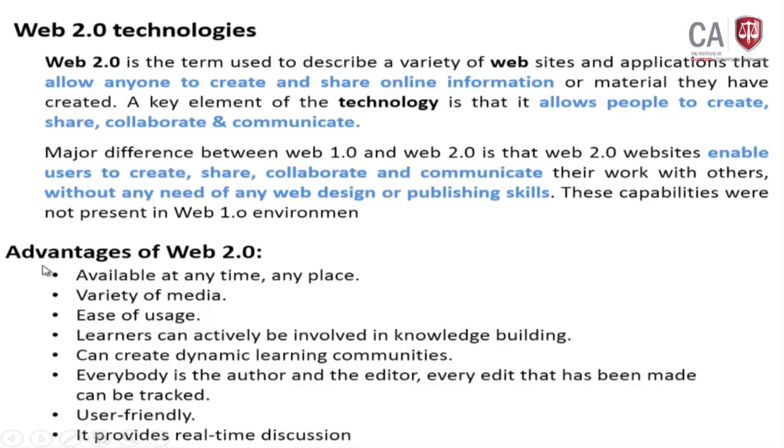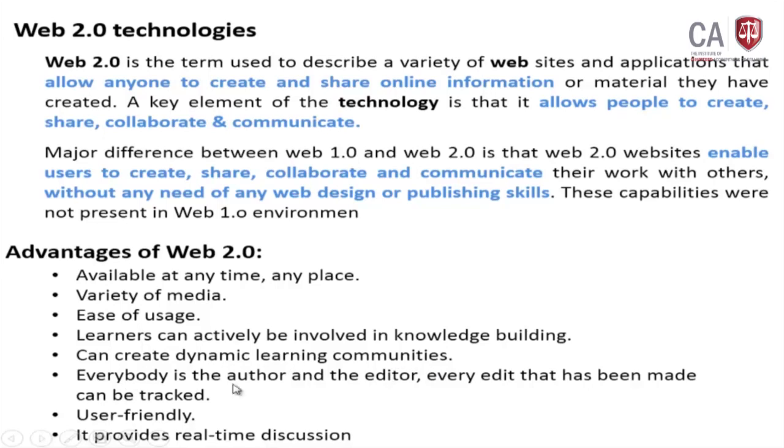The advantages of Web 2.0: it is available at any time, any place, with a variety of media, and is easy to use. It is very flexible. You can use it as you want. You don't need to learn much more; you just need to browse the internet. Learners can actively be involved in knowledge building and can create dynamic learning communities.